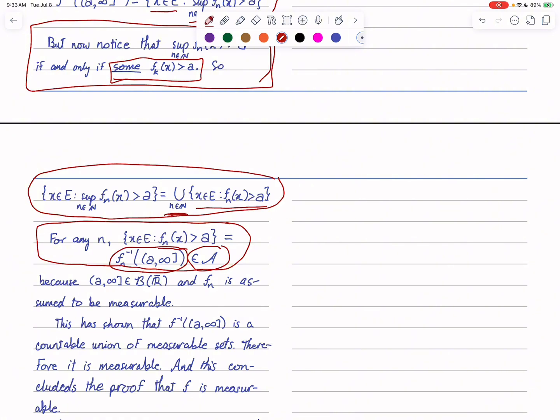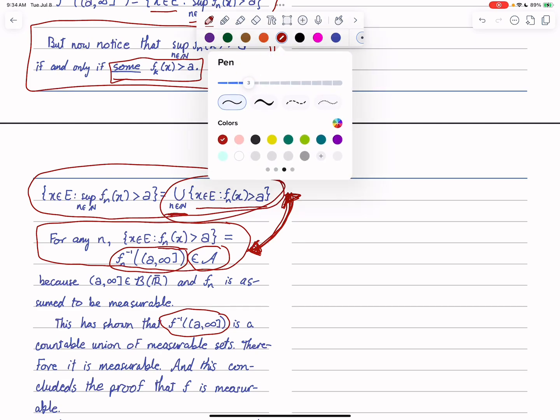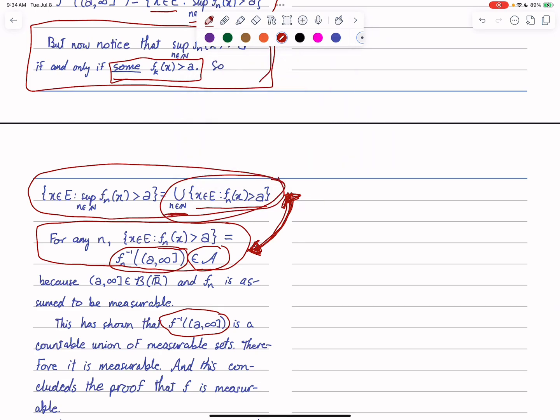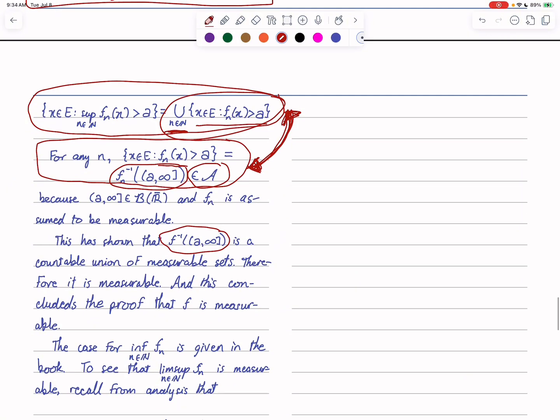So we are talking about a countable union of measurable sets, and because a sigma field is closed under countable unions, this union is measurable. Countable union of measurable sets is measurable. So this set that we were interested in is a measurable set. Therefore, the function f is a measurable function, and that concludes the proof.